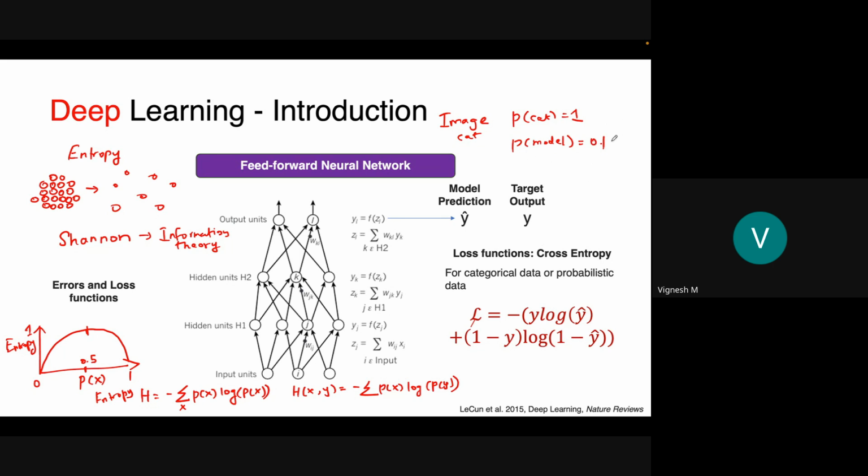Then log of 1 is 0, so this entire loss will tend towards 0, right? But if the model prediction is low, 0.1, then this value will become higher, so the loss increases, right?